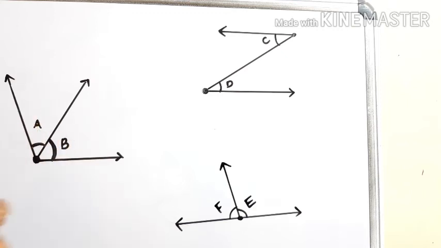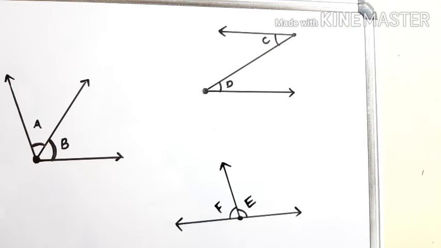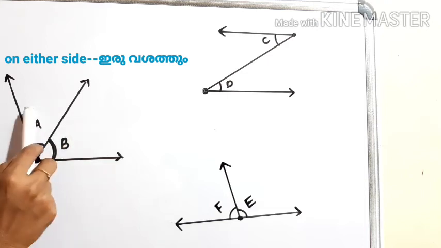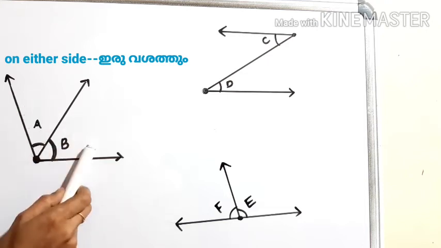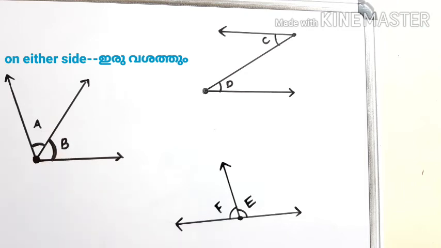Why? Listen carefully, children. Here we can see common vertex, common arm, and non-common arms lie on either side of the common arm, right? Therefore, angle A, angle B are adjacent angles.